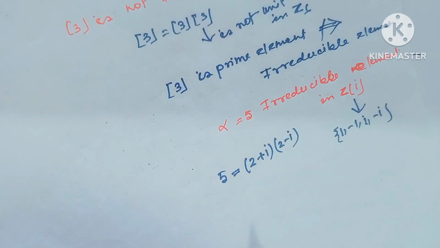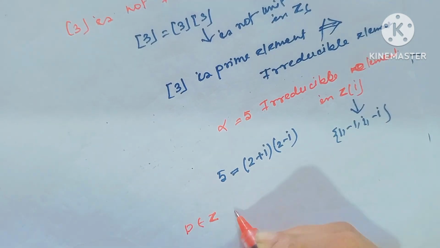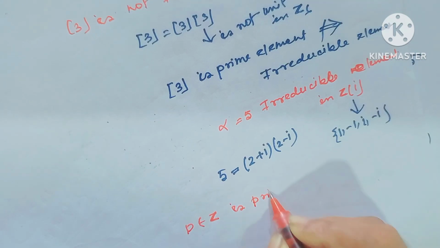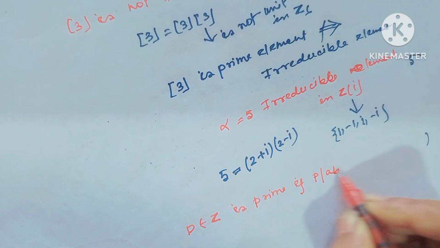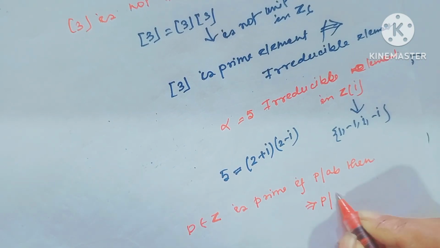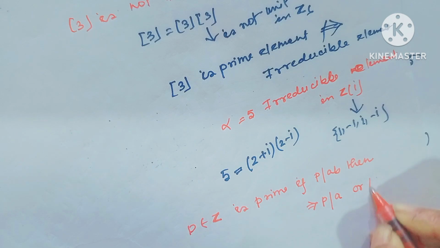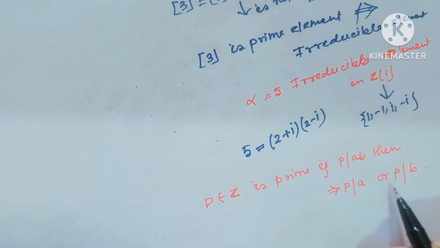Actually, prime ideal and prime element are different. The definition of prime: P belonging to the integers is prime if P divides AB, then either P divides A or P divides B. But this division only works for Z; for a general ring it is not possible.